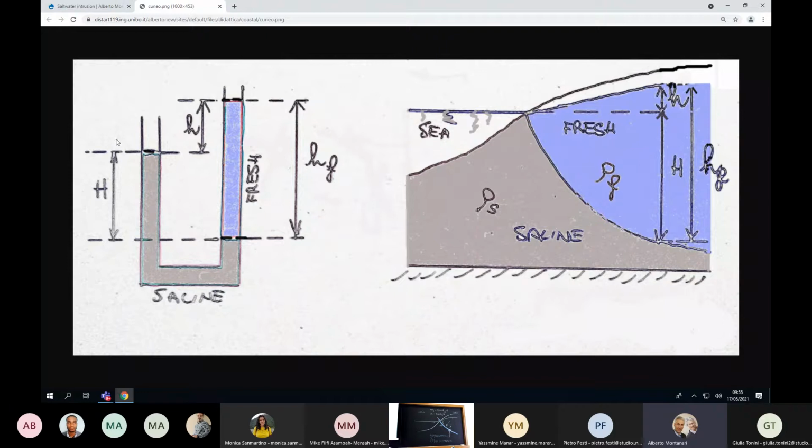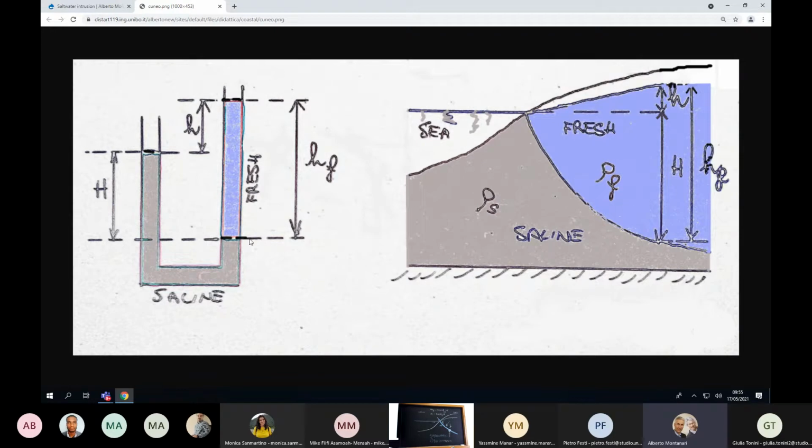So the capital H and the lowercase h on the right are measured along the vertical direction. So if you imagine that there is a surface of separation between salt water on the left and fresh water, which is depicted on the right in blue, if you imagine that there is a surface of separation without any dispersion, then what you have to do is precisely to estimate the equilibrium in the surface of separation.